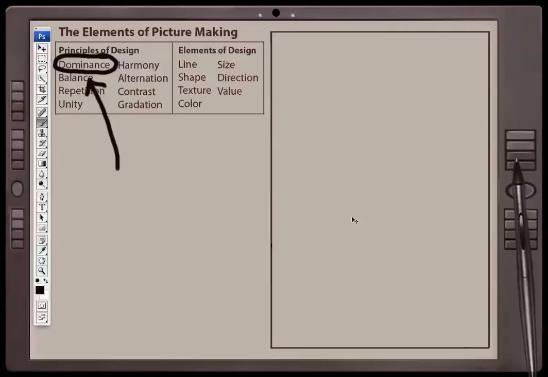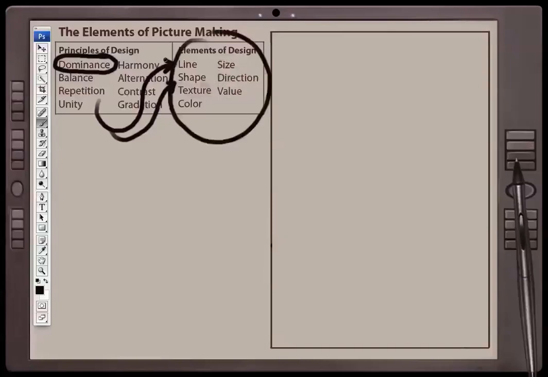And each of these principles, dominance, balance, repetition, unity, harmony, alternation, contrast, gradation, need to be applied to each one of these elements of design: line, shape, texture, color, size, direction, value. This will then organize these elements of design.